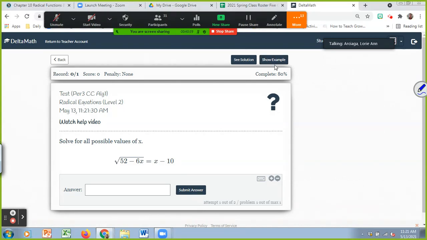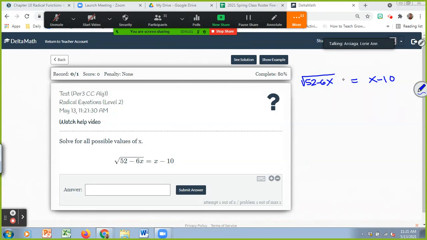Try this. Oh, now it's different. It's harder. I think we should do it together. Okay, so square root of 52 minus 6x equals x minus 10. Oh, look at that. It now has a variable right there. Do you have to move it to the left?